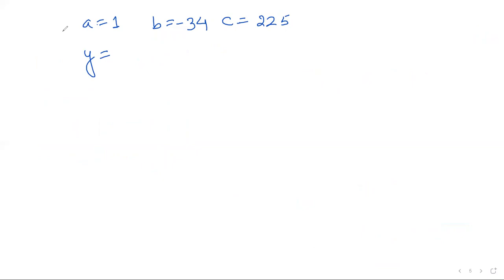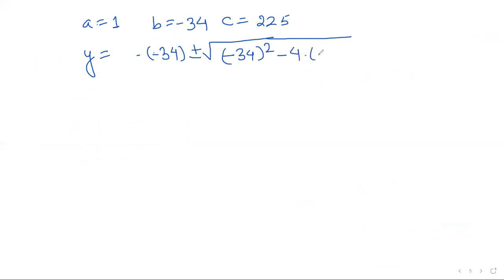So again, writing it in the formula, y equals negative negative 34 plus minus the square root of negative 34 squared, minus 4 times 1. This is something we have already written in the previous page, but since this is a new page, I'm writing it again.